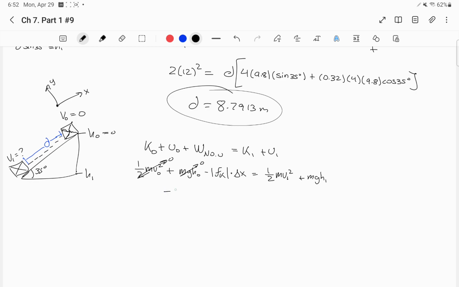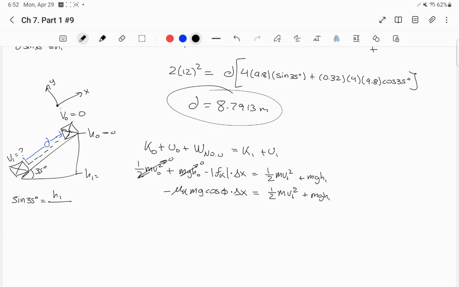So we can rewrite the force of friction as mu sub k times mg cosine of the angle times delta x is equal to 1/2 m times the final velocity squared plus mgh sub 1. Now, we can rewrite the final height in terms of sine, so sine of 35 degrees is going to equal h sub 1 all over d.